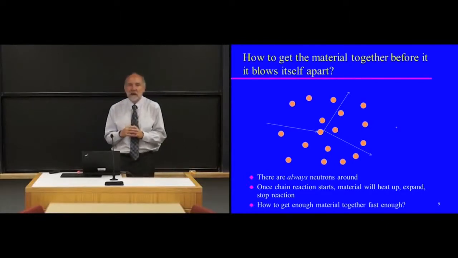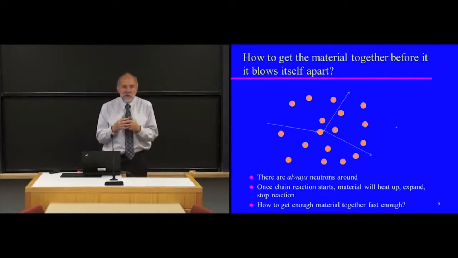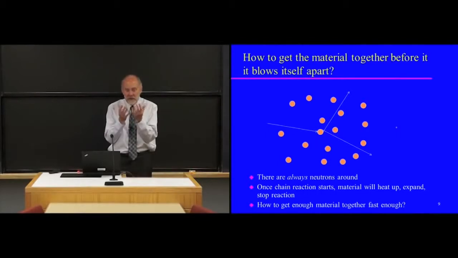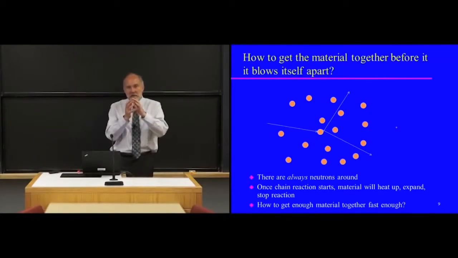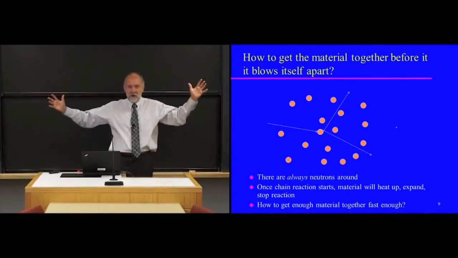Okay? So what happens is it's releasing all this energy in a pretty small ball of material. And that means that material is going to heat up, it's going to turn to gas, and it's going to start blowing itself apart.